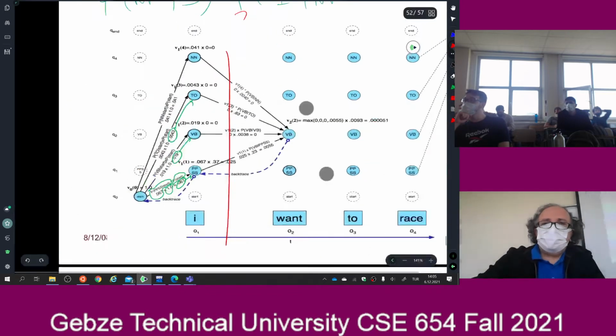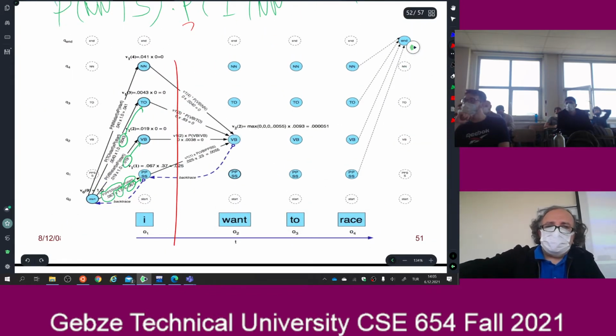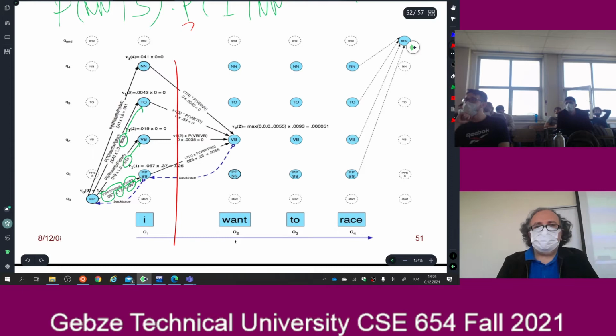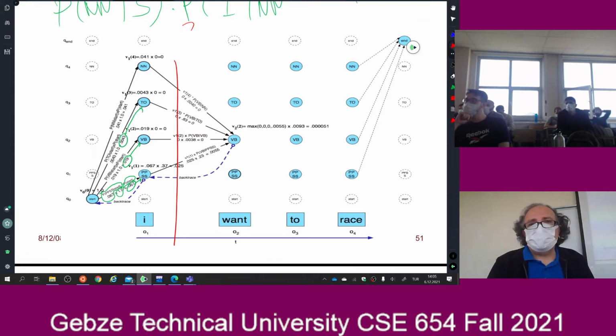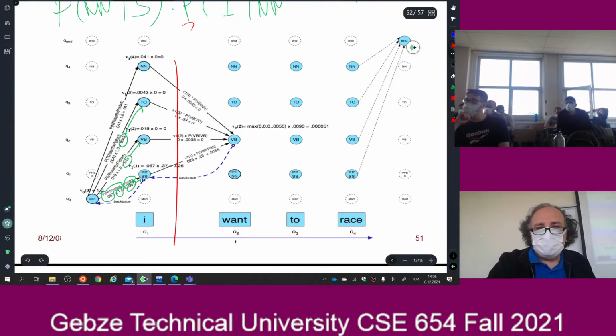So every time I am at this position, I run this one-dimensional loop, but I have many of them, so it makes a two-dimensional loop. Okay, and then I keep doing this for each of the words that I have.